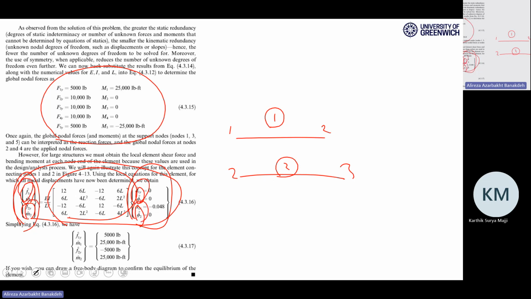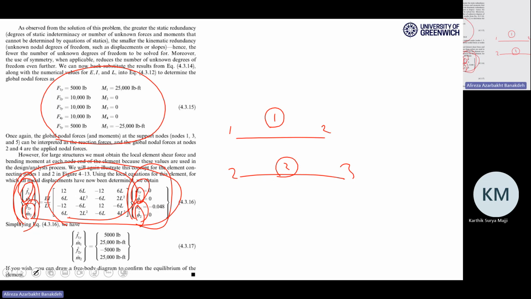If you say element number 2 connects 2 to 3, 2 is I, 3 is J, right? If you say no, 3 is I, 2 is J, when you come up here, you should not say delta 2, delta 3. You should say delta 3, delta 2. Right? The order is like this.